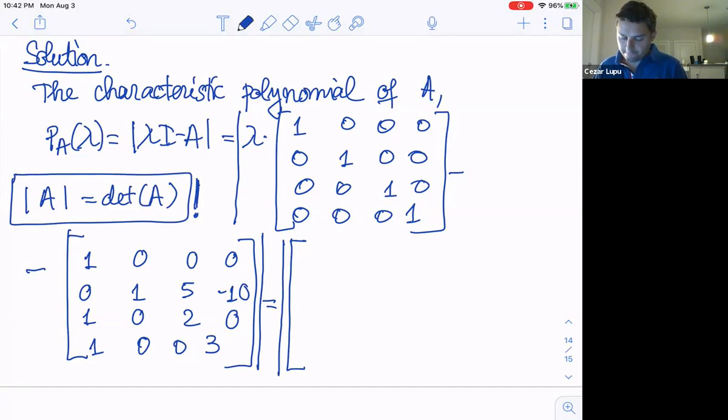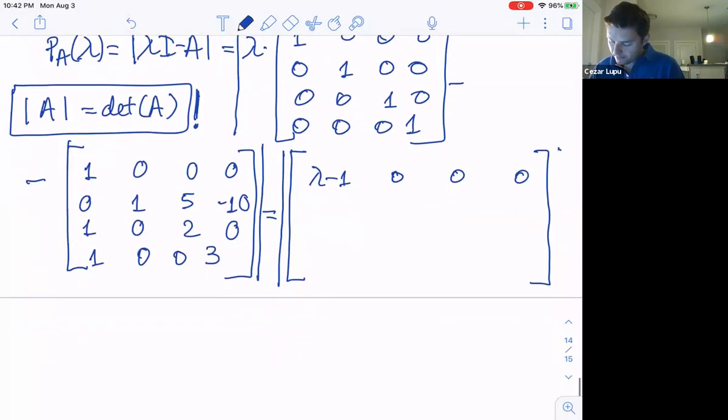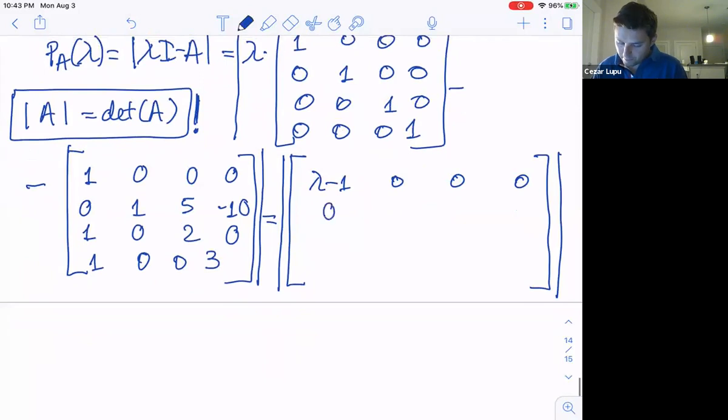Let's see, lambda minus 1, 0, 0, 0. This will be 0, lambda minus 1, negative 5, 10, negative 1, 0, lambda minus 2, 0, negative 1, 0, 0, and lambda minus 3.